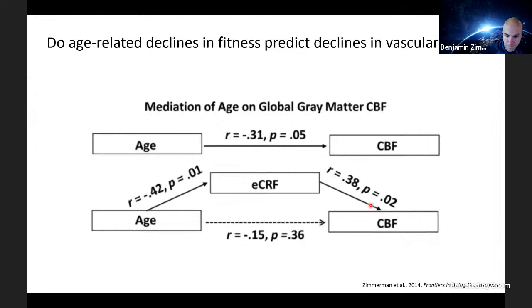But on the other hand, the ability for age alone to predict cerebral blood flow substantially decreases when you control for the effect of fitness. And in our sample, this relationship was no longer significant after doing that. So we can interpret this as saying that a lot of the age-related decreases that are typically observed in cerebral blood flow can actually be explained pretty well by decreases in cardiorespiratory fitness. And that's very highly related to level of activity.